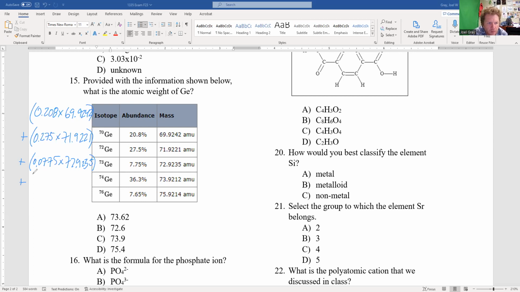Add to that 0.363 times 73.9212. And then finally add to that 0.0765 times 75.9214. And that's what we get.